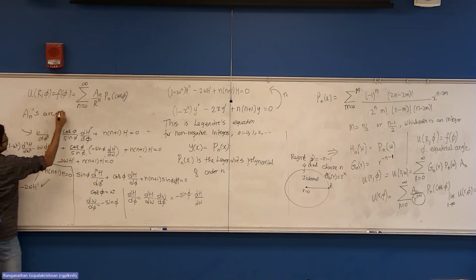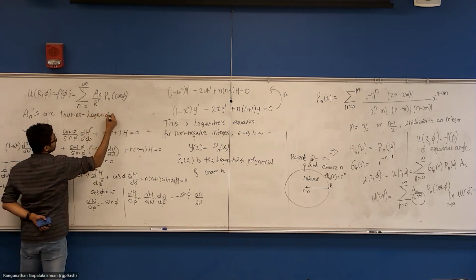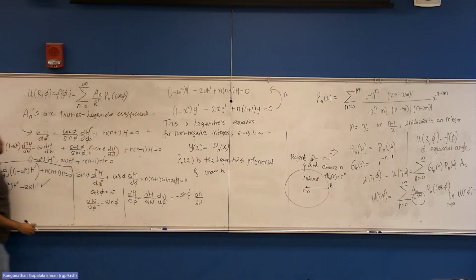The An are Fourier Legendre coefficients, just like we did Fourier Bessel and Fourier series.